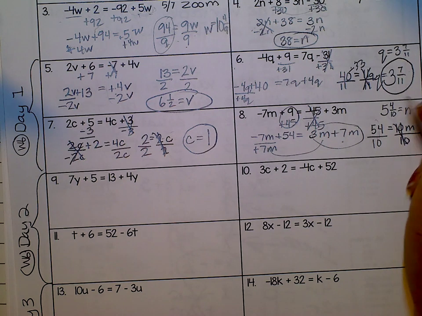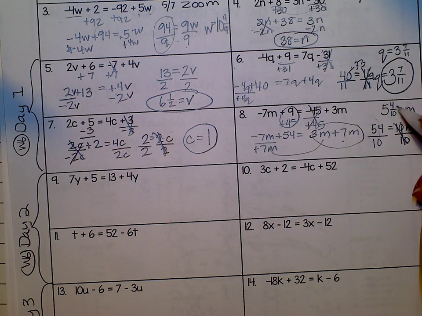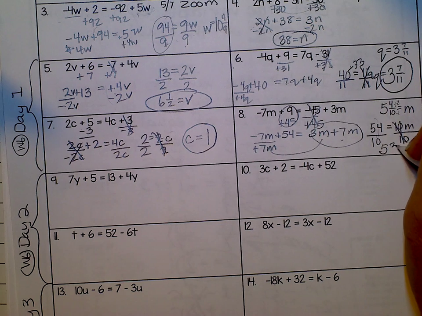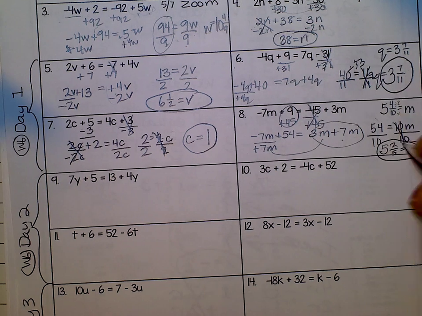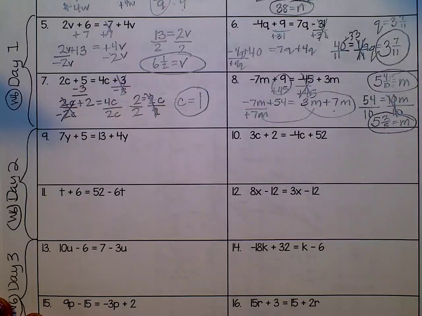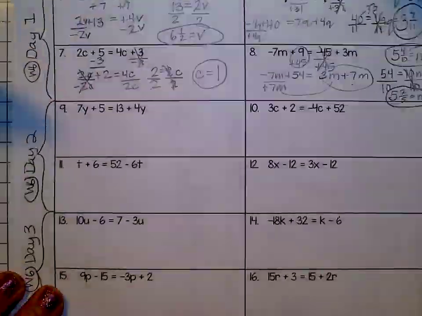So m equals 5 and 4/10. You can also say that m is, if you divide both the top and the bottom by 2, 5 and 2/5 is also equal to m. They are the same. Alright.